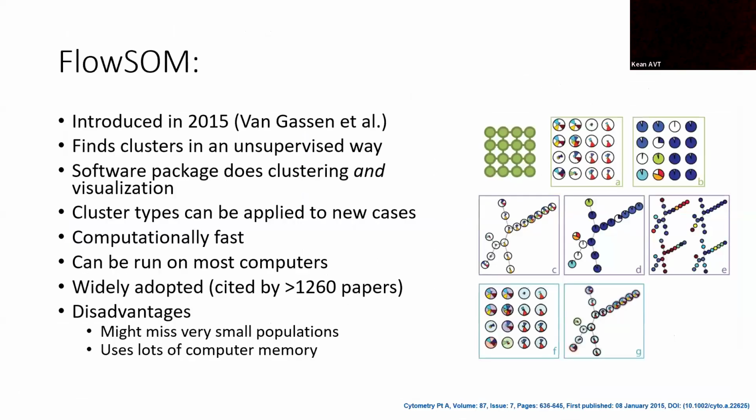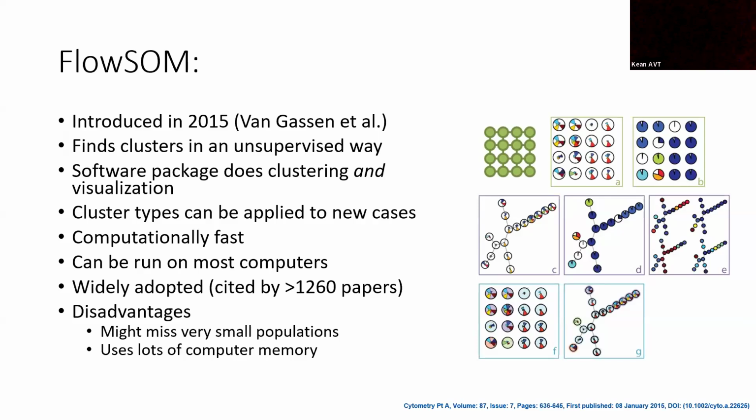So FlowSOM was first introduced in 2015, and it finds clusters in an unsupervised way. These cluster types can be applied to new cases. Basically what it does is it takes the data that you trained it on, and it creates what's called an embedding or map. And then for additional new cases, it can project the new data onto those embeddings or maps.